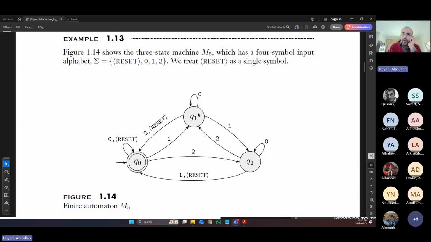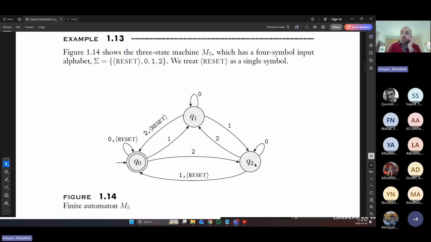Where does that take me? Anyone? Q2? Correct. So I read 1 and moved from Q0 to Q1. I read another 1 and moved from Q1 to Q2. So we've got 1 and another 1. Please add them. That would make 2.